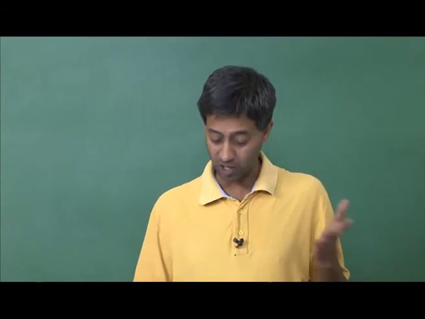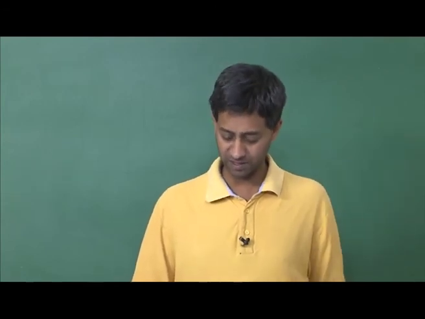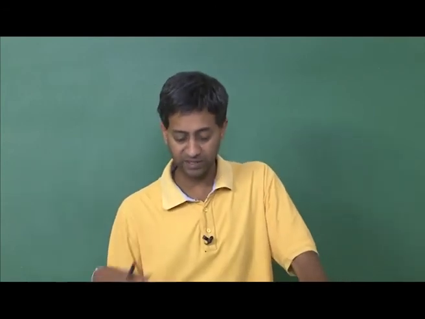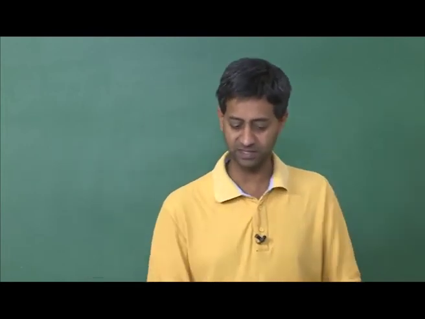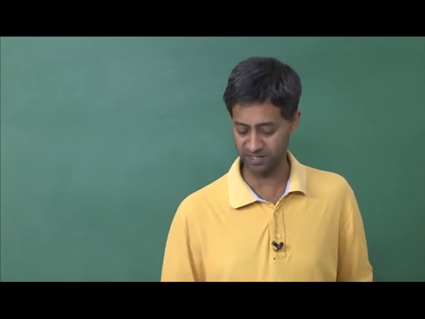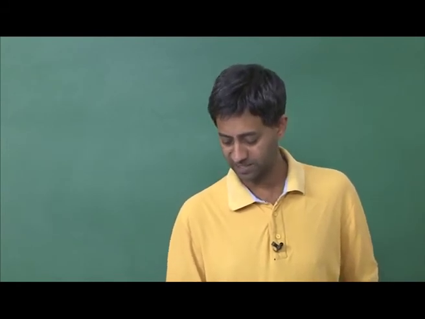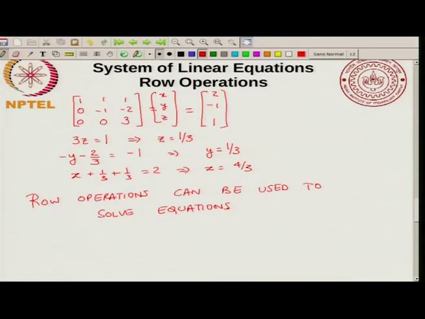In fact, even to calculate determinants, row operations do not change the determinant. So once you get a matrix into this form where you have zeros, it is very easy to calculate the determinant. So row operations can also be used to calculate determinants.